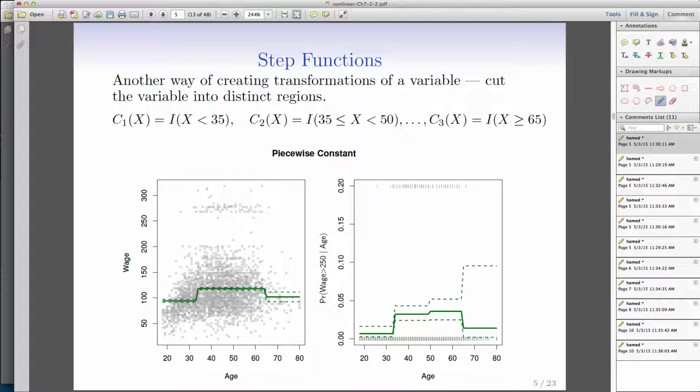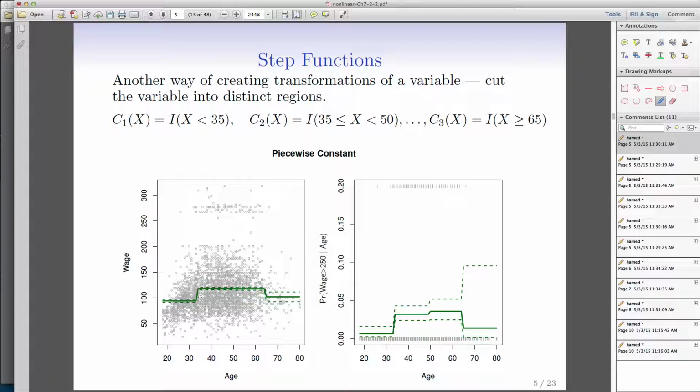So the idea here is very much the same as decision trees, believe it or not. In decision trees, we would divide our data set into different groups, and for each region, we would assign one prediction. So in step functions, we do exactly the same thing in a slightly different way.